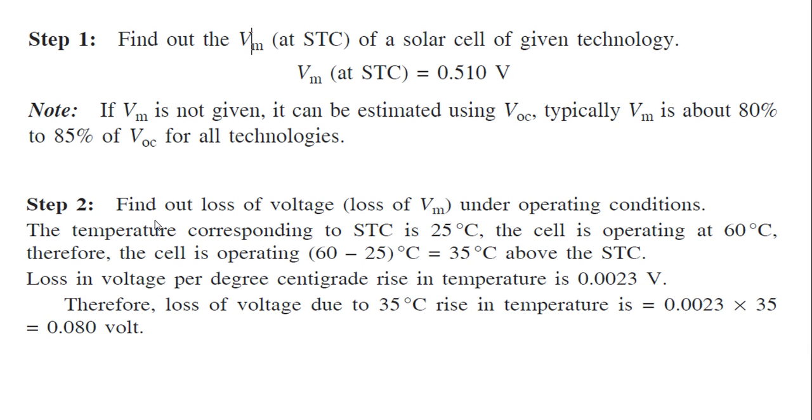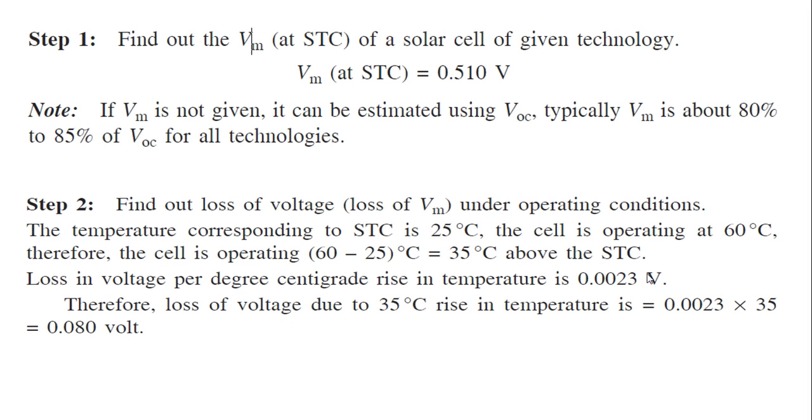Our next step is to find out the voltage loss of VM under the given operating condition. Comparatively, 60 degrees centigrade is very high compared to STC. So the cell is operating at 35 degrees centigrade above the STC level.